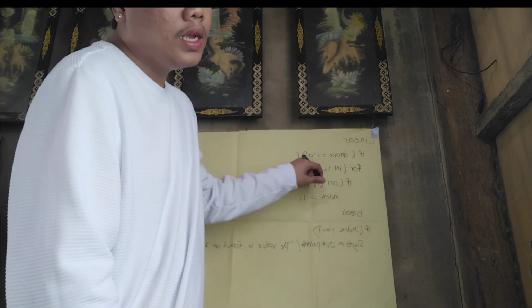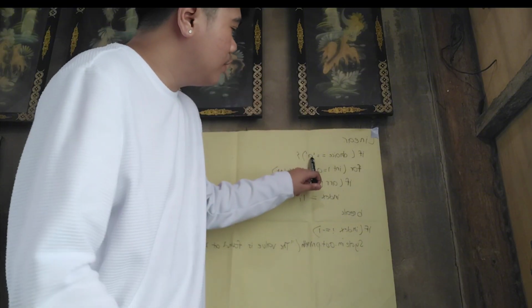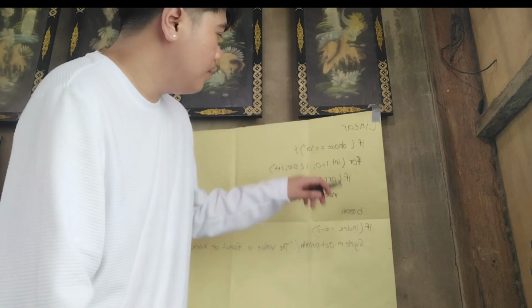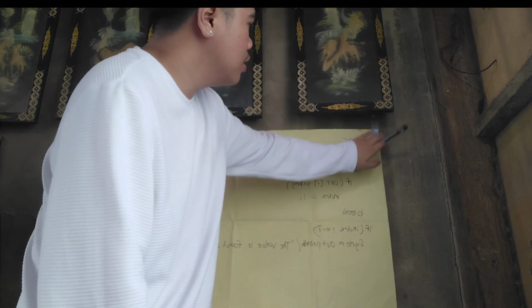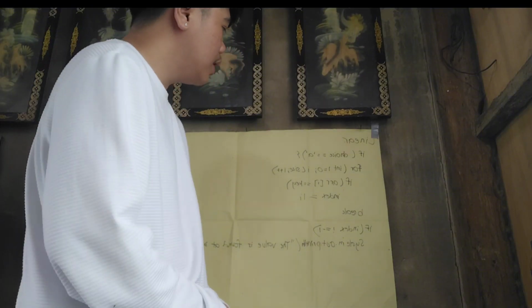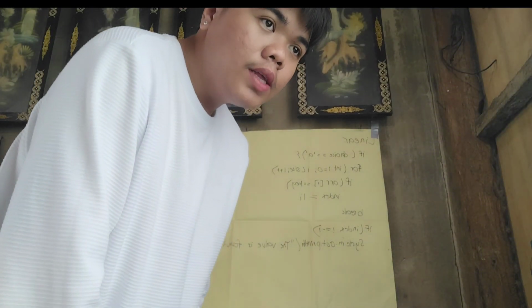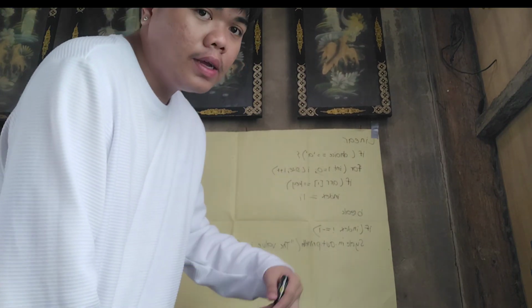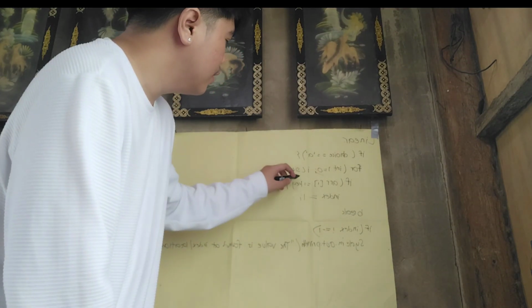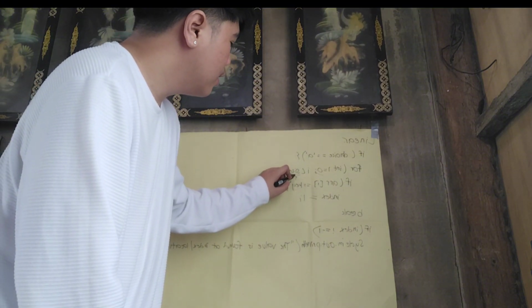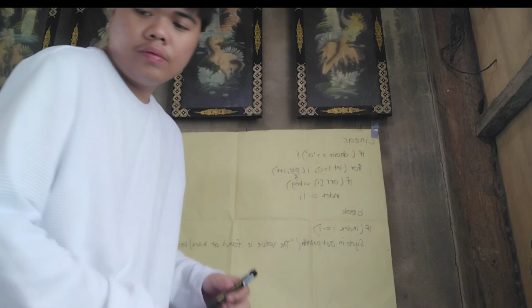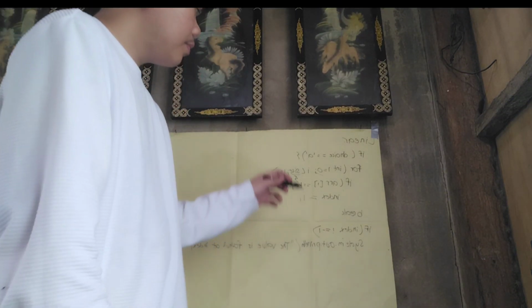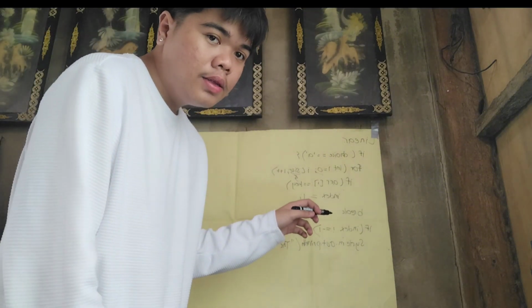If choice A is equal to A, which is the linear search we chose, then for integer i, i is equal to 0. The size is 5. So i is equal to 0.